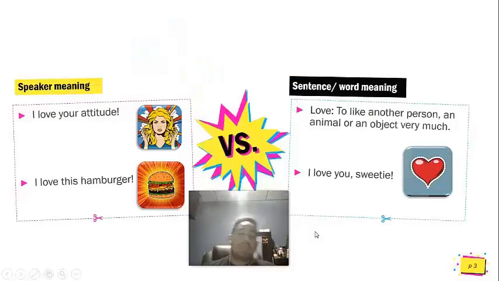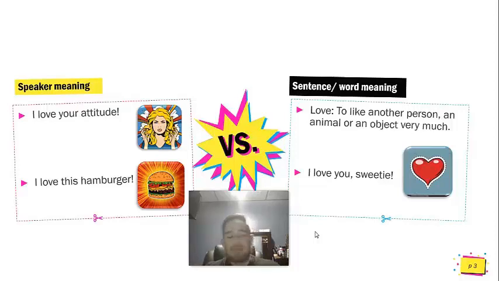Now, let's talk about sentence and word meaning, and also speaker meaning. Well, when we are talking about word meaning, it is exactly what it is. Word meaning refers to the definition or the idea we have of different words, or the whole variety of words in our language.